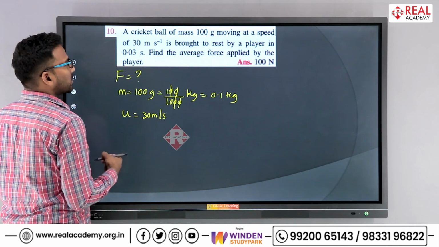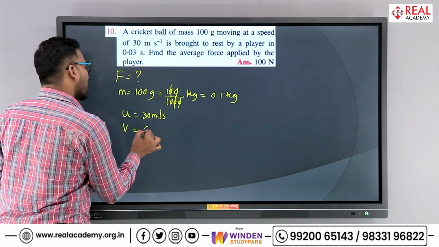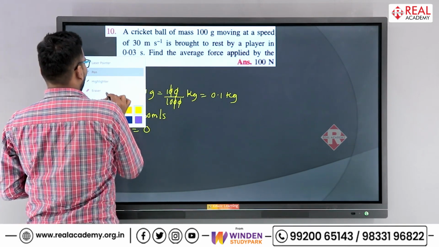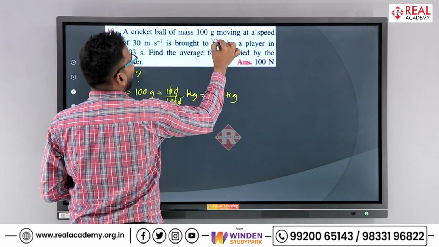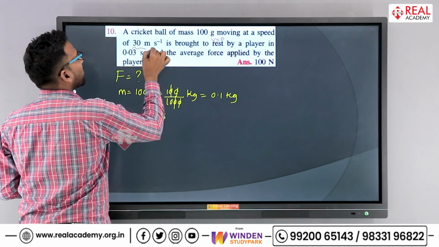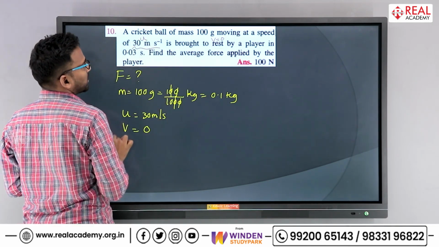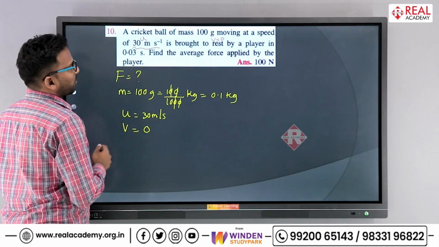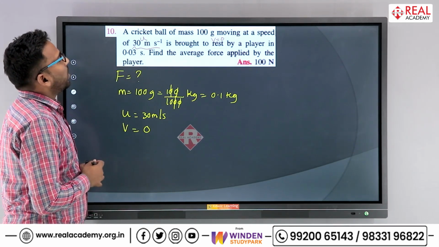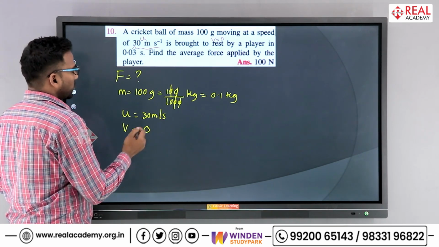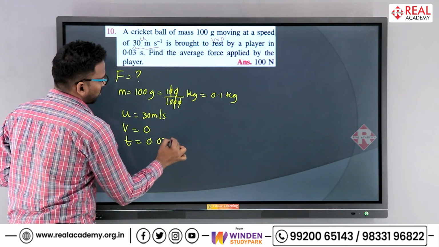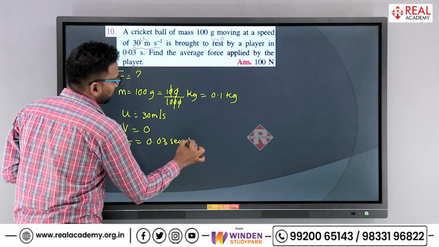Is brought to rest means final velocity is 0, and this one is initial velocity. So v is equal to 0, by a player in 0.03 seconds. So the time given here is 0.03 seconds.